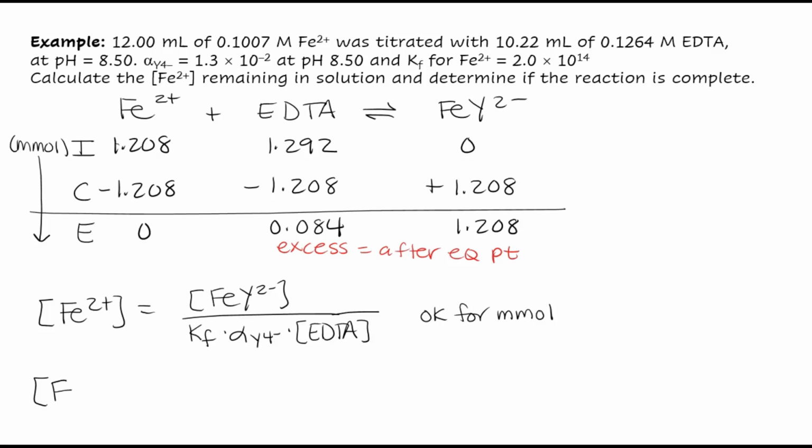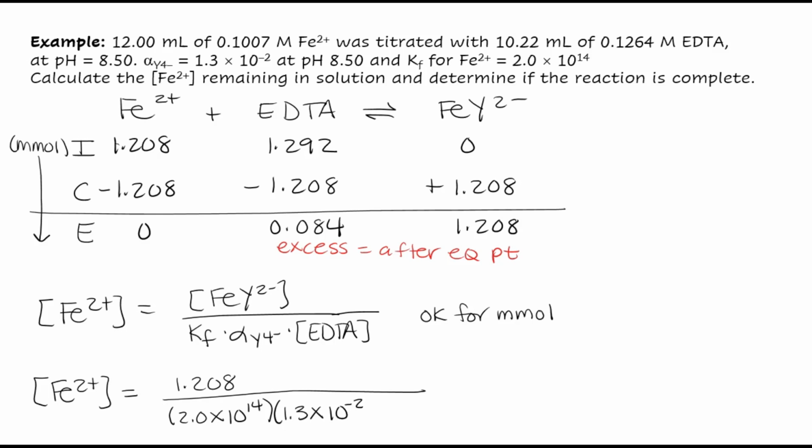So plugging everything in, we have 1.208 in our numerator divided by Kf, which is 2.0 times 10 to the 14, times alpha, 1.3 times 10 to the negative 2, times the millimoles of EDTA from our millimole table, 0.084.